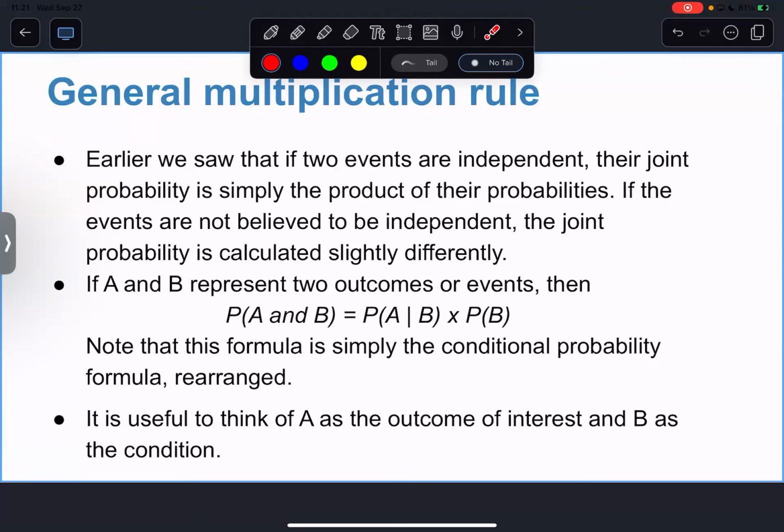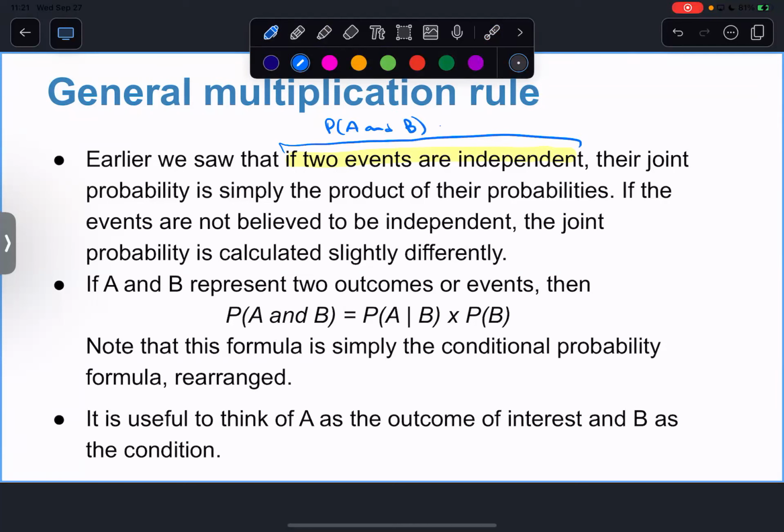So what we said, was it last day or maybe the day before even, probably last day, was that, okay, if two events are independent, then we said I'm allowed to say that the probability of A and B is the probability of A times the probability of B. I also use it as a way of checking to see if A and B are independent, right?